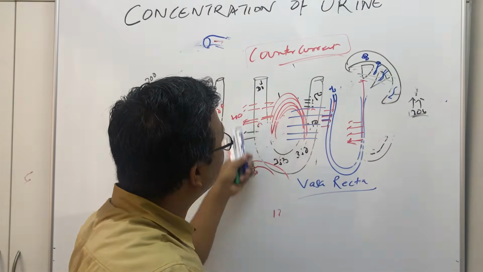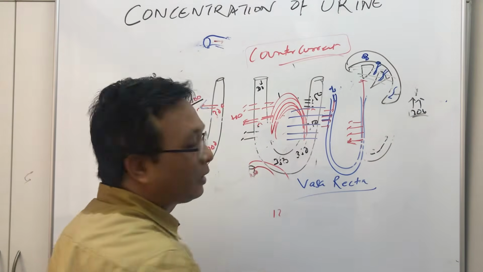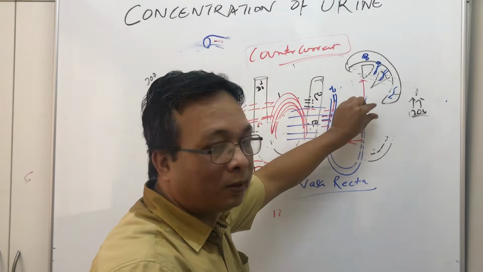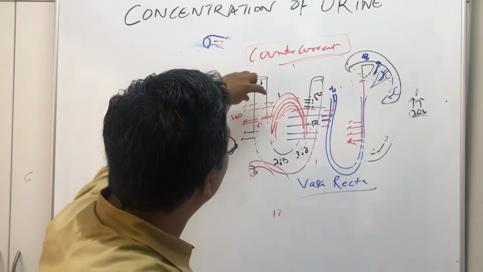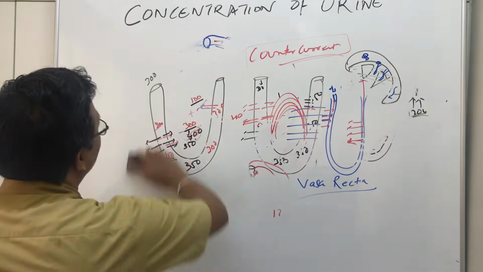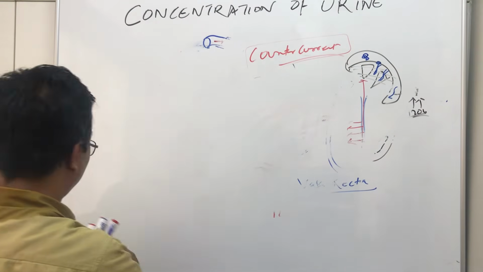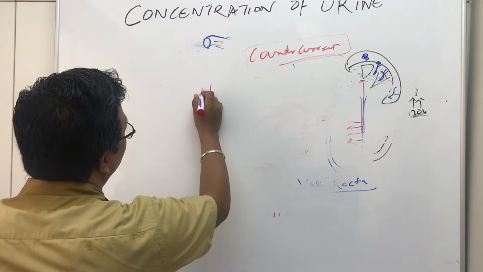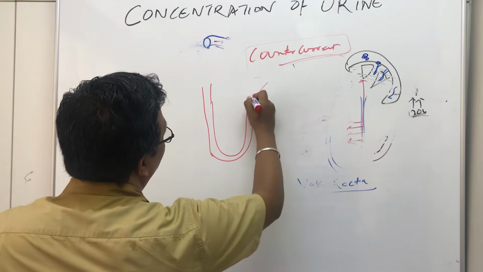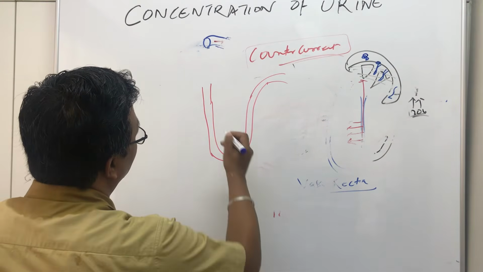Whenever this countercurrent mechanism is operating, this medullary gradient is kept at a constant amount because of this loop of the blood vessels. Anatomically the loop of Henle is like that, and surrounding it the blood vessels are also like that in the juxtamedullary nephrons. What's happening here? This is the nephron, and these are the blood vessels.